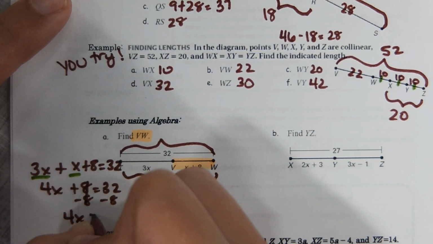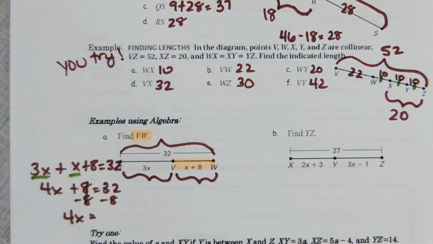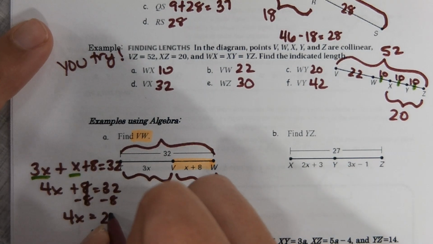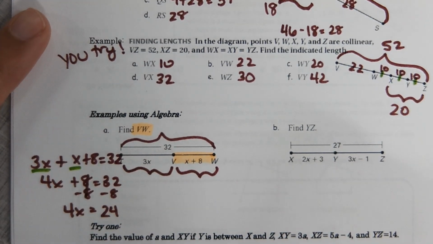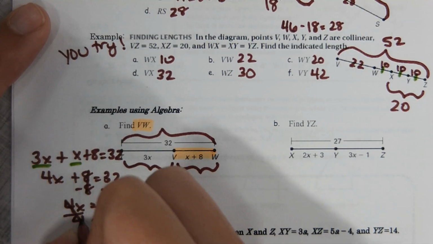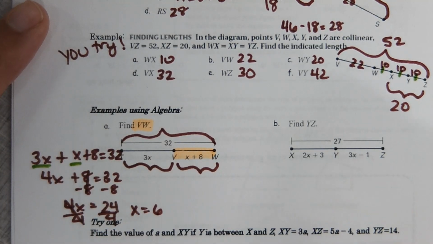32 minus 8 is, I don't know, 24. And then from here, divide both sides by 4, and we get x equals 6.